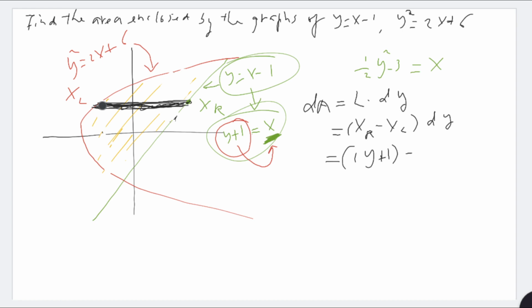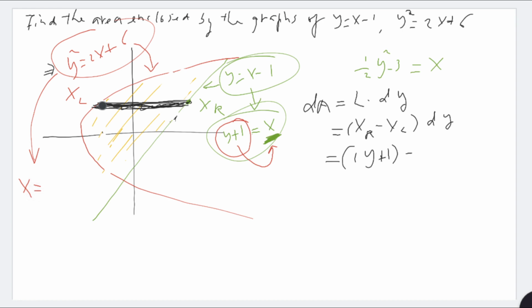xl is on the parabola, represented by this quadratic equation. So again, since we're looking for an expression to plug in for x, we need to rewrite this equation in the form of x equal to.